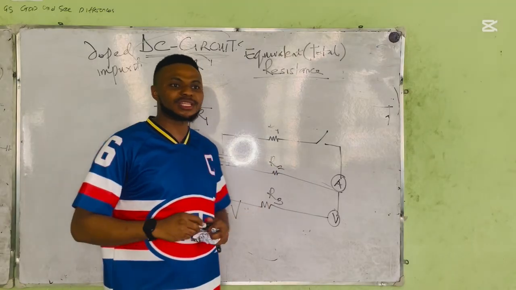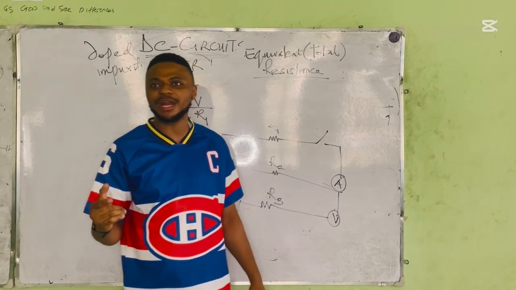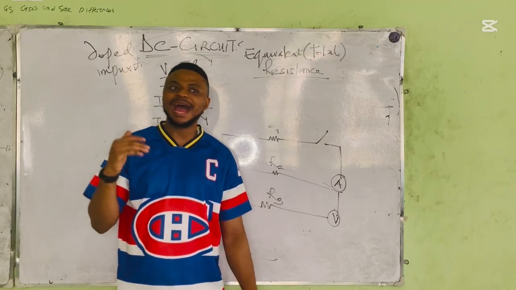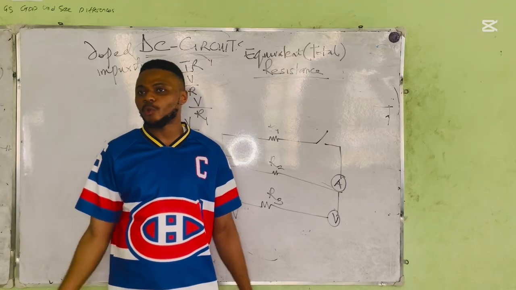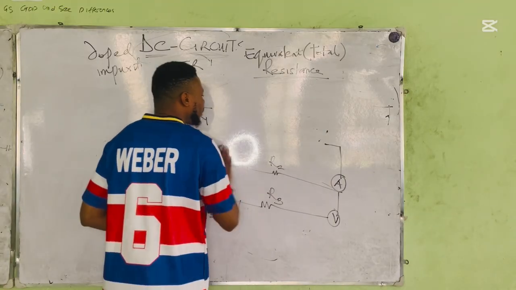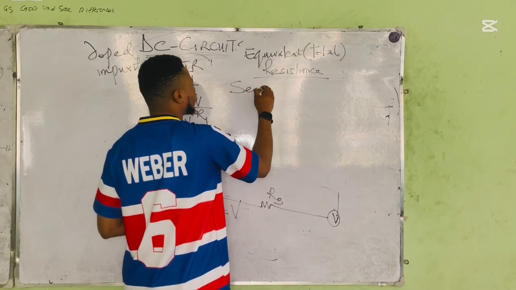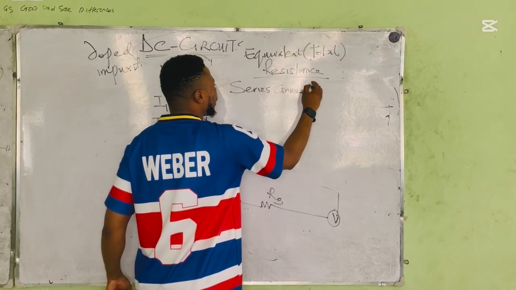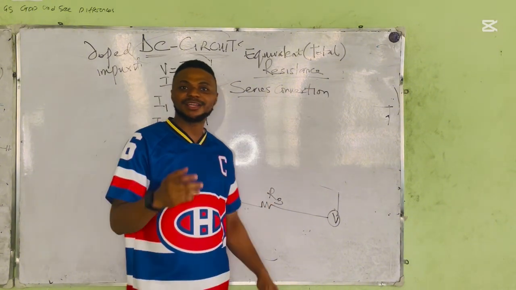Now what you need to understand is that in both the series connection and the parallel connection, we have total resistance, and they differ from one to the other. So for series connection, how can you get the total resistance in the circuit?